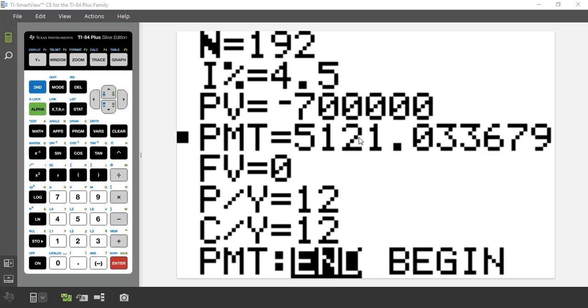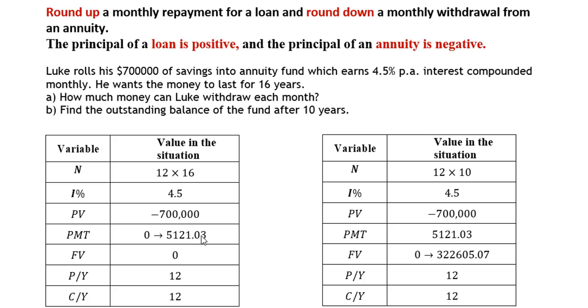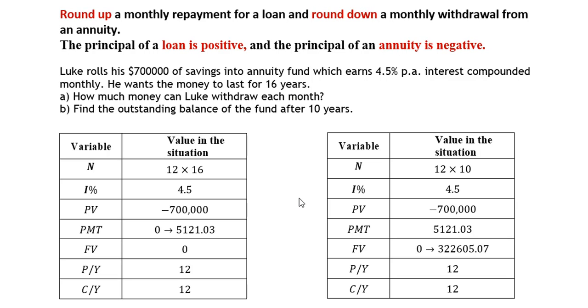When you put it into the graphing calculator, you will get the withdrawal money for PMT. Remember, you need to round down this value. Therefore, you will get $5,121.03, not 4 cents. Otherwise, you cannot withdraw the same amount for 16 years.